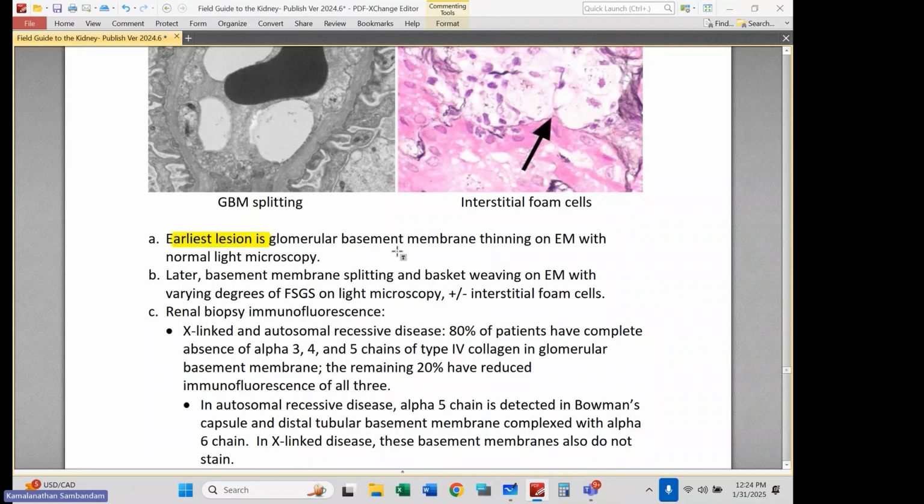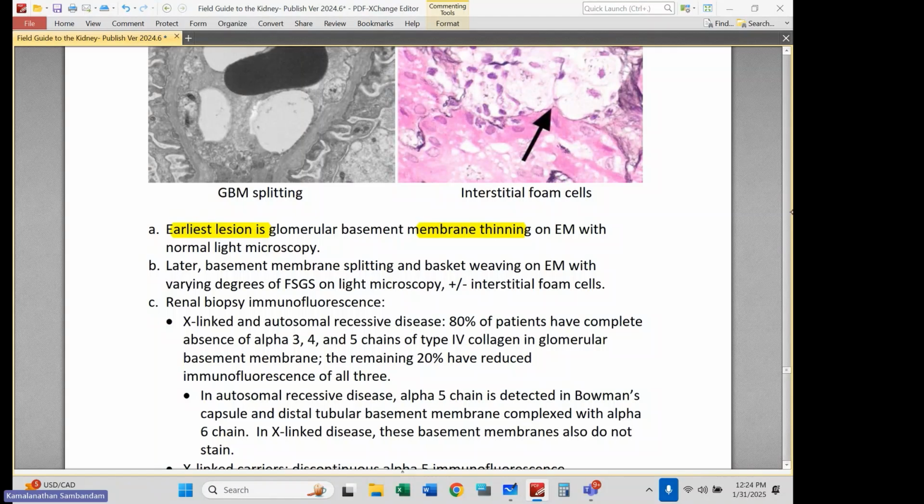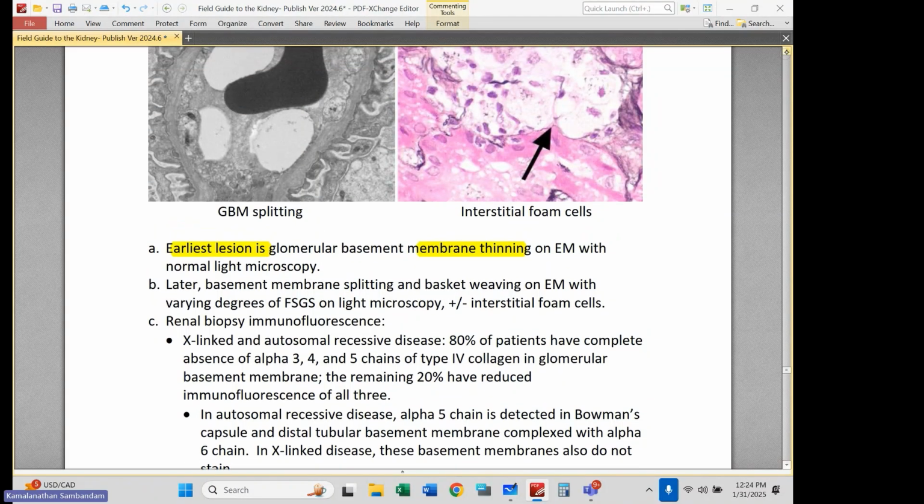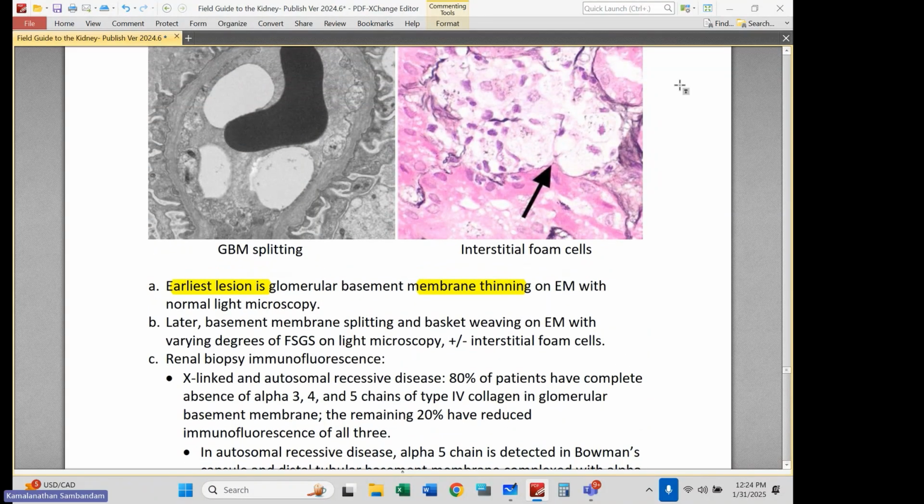Those are the early things you might see, right? Actually, the earliest lesions, as I've written here, is that I might just see thinned basement membrane on electron microscopy. But as it progresses, you will see this disorder to the basement membrane. And then later, I not only develop this splitting, but I see on light microscopy focal segmental glomerulosclerosis, right?